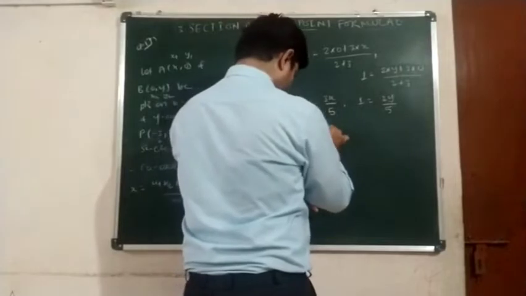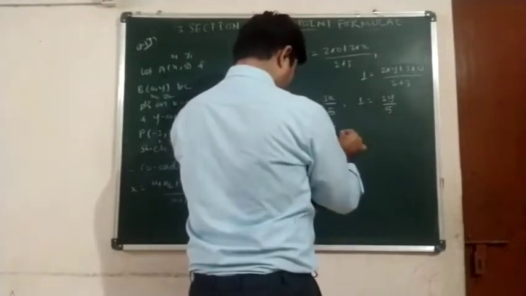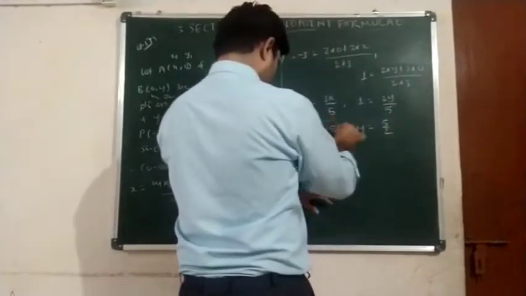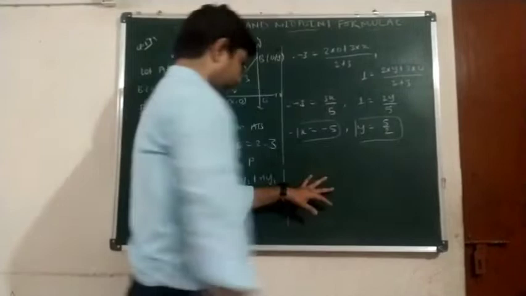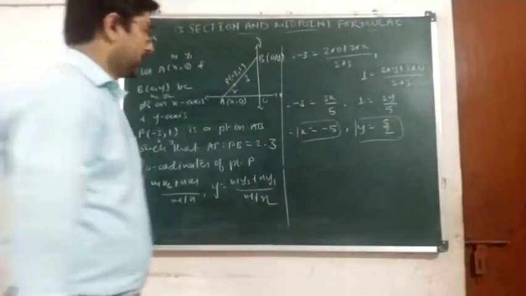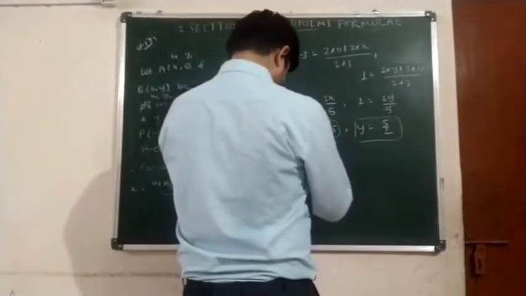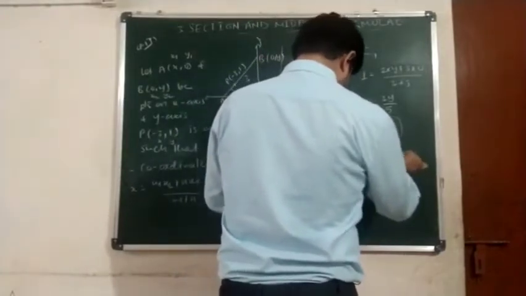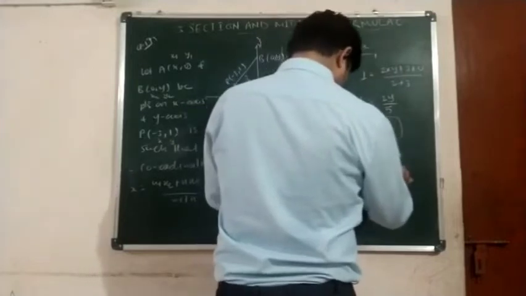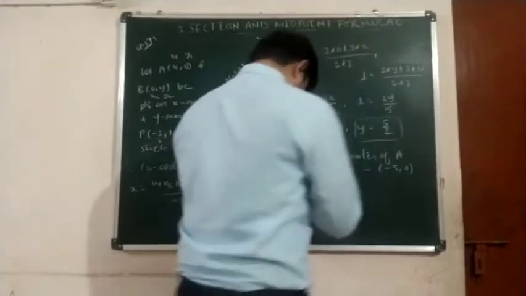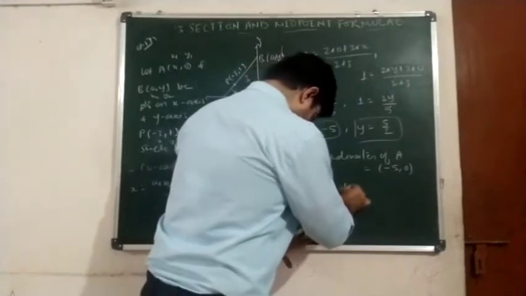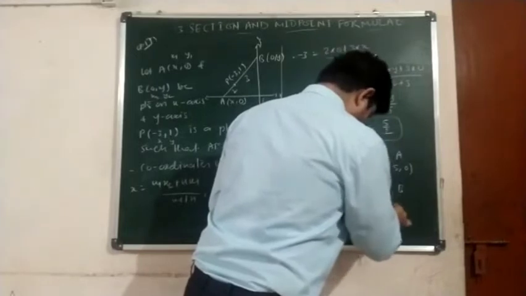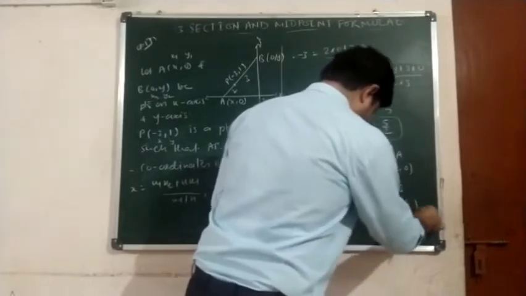Therefore x is equal to minus 5 and y is equal to 5 upon 2. Clear? Therefore the coordinates of point A are (minus 5, 0) and the coordinates of B will be (0, 5 upon 2).